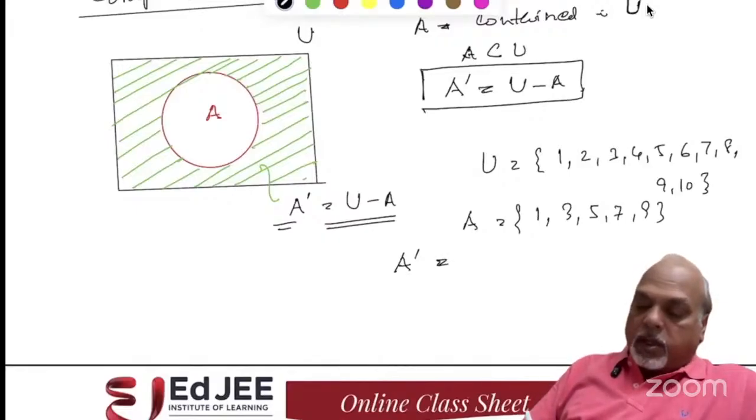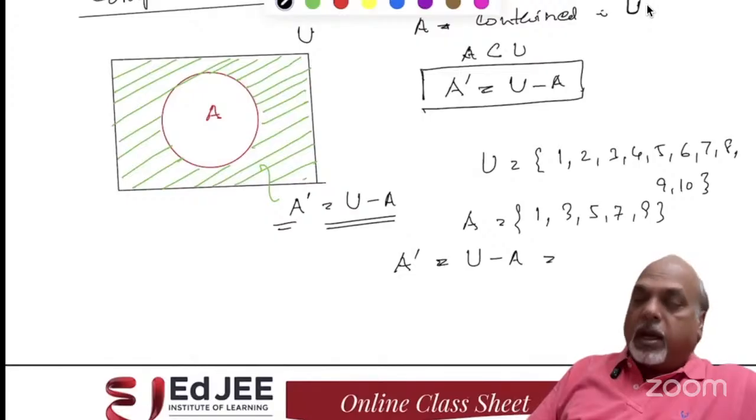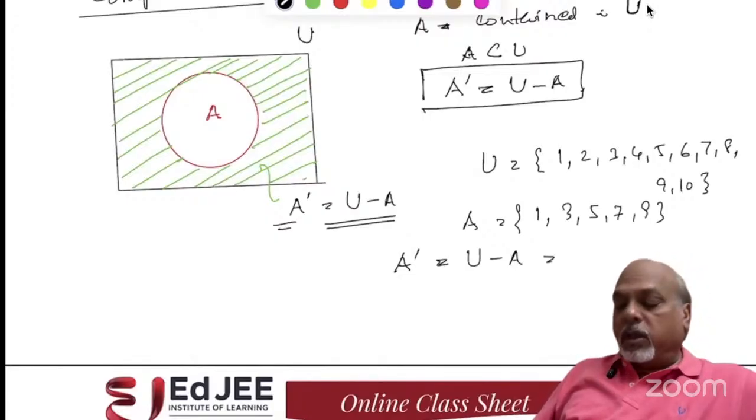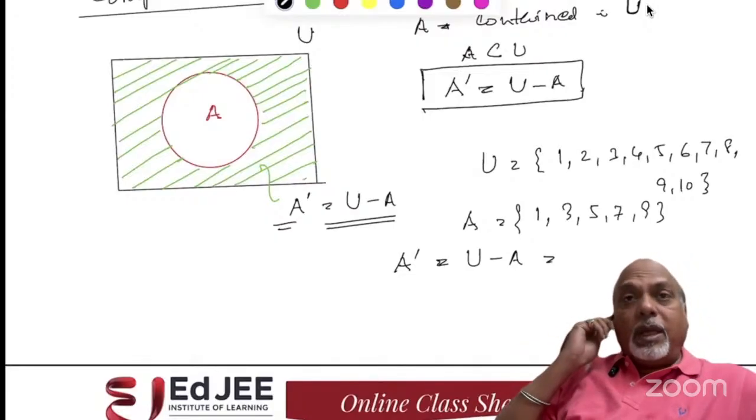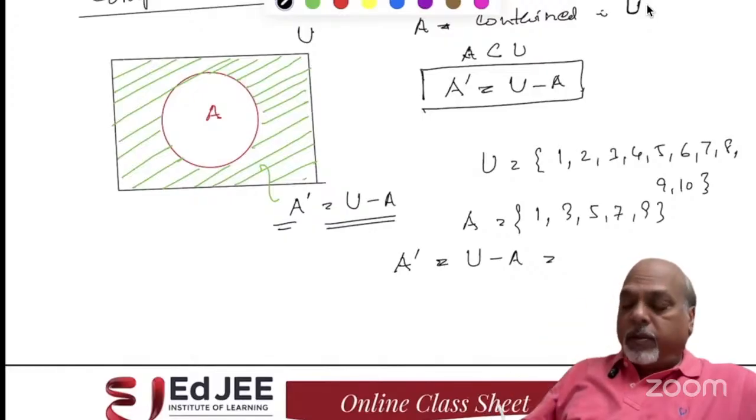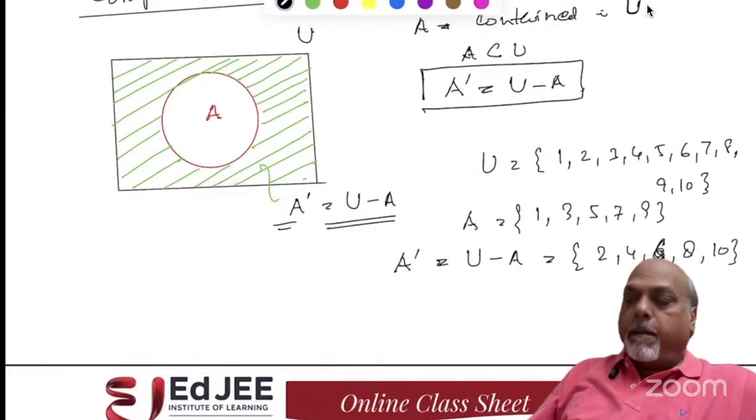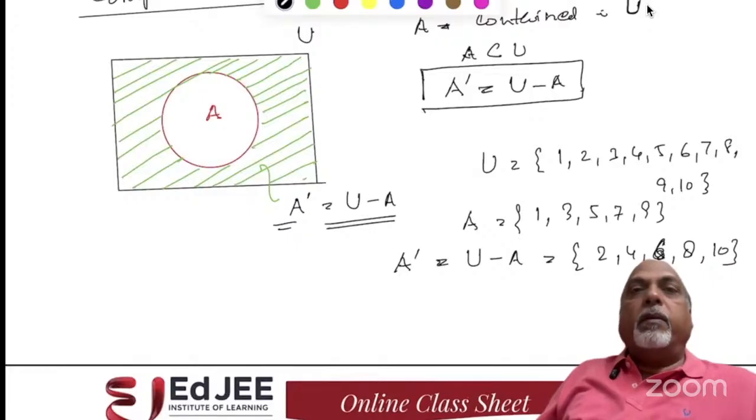Then what is A dash? A dash is nothing but U minus A, and just see what are the elements of U which do not belong to A, and those will be 2, 4, 6, 8, 10. Correct?